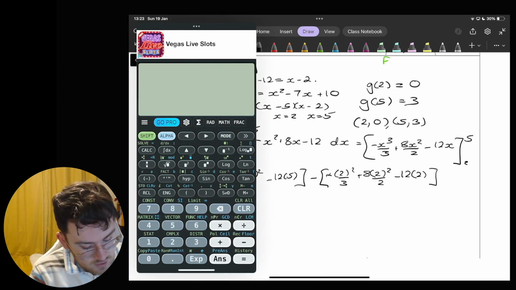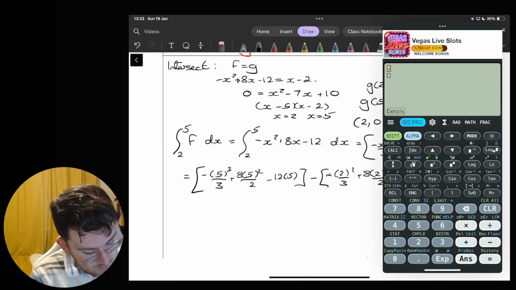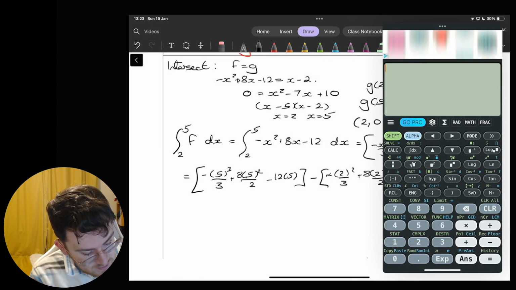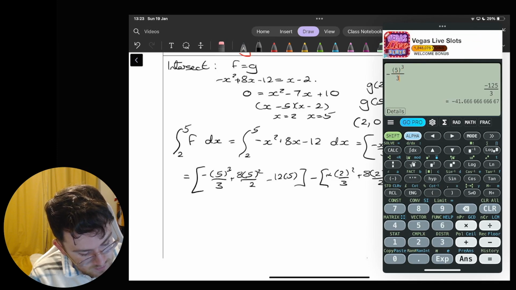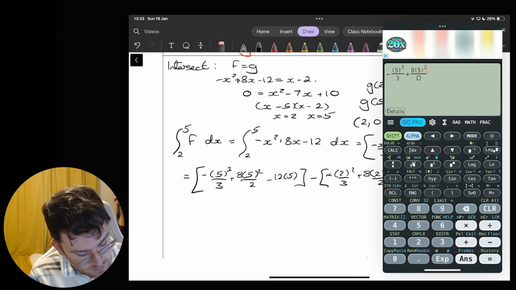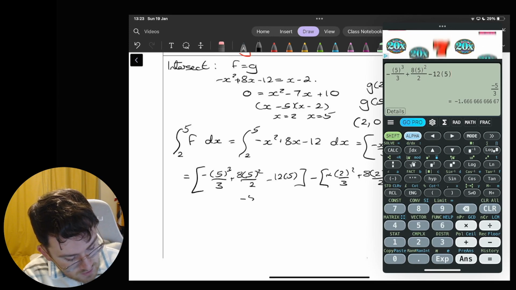So let's calculate these areas. This is minus 5 cubed over 3, which is a negative answer, plus 8 times 5 squared over 2 minus 12 times 5, minus 5 over 3.